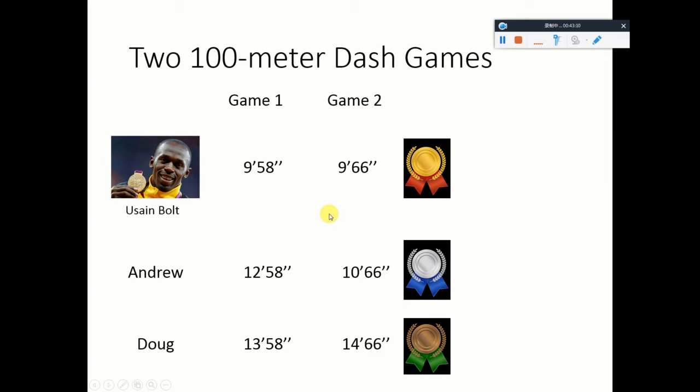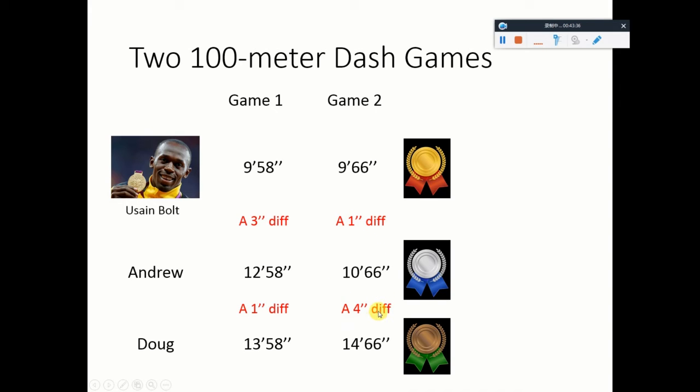So that's what we mean by differences of degree, right? A 3 second difference, that's a difference of degree. A 1 second difference is a difference of degree. And here as well, a 1 second difference, that's a difference of degree.